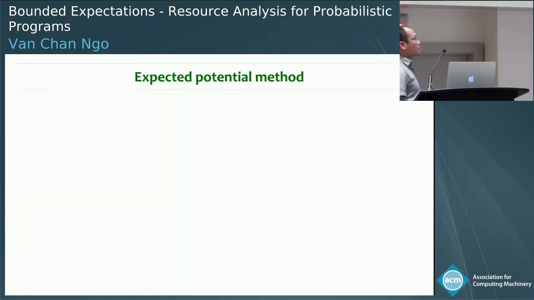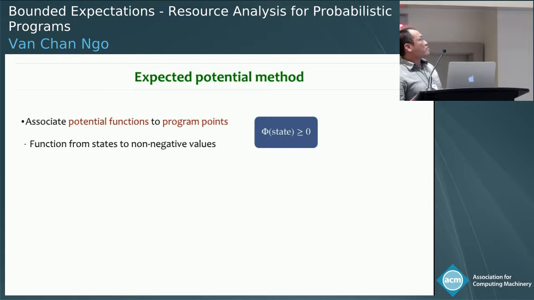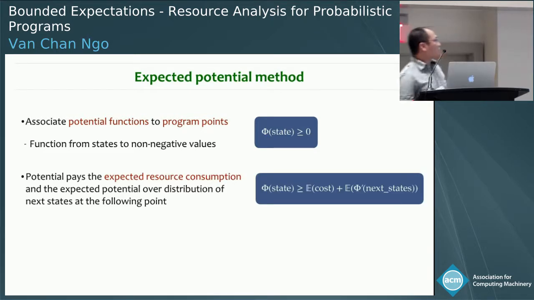Okay. So let me talk about the key idea of the expected potential method. First, for each program point, we assign a potential function. A potential function is a function from program state to a non-negative value; here we call it phi. Second, we use the potential to bound the expected resource consumption of the executing command plus the expected potential over the distribution of the next state at the following point.